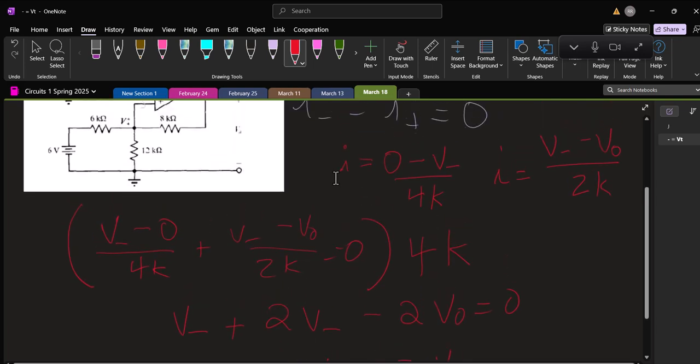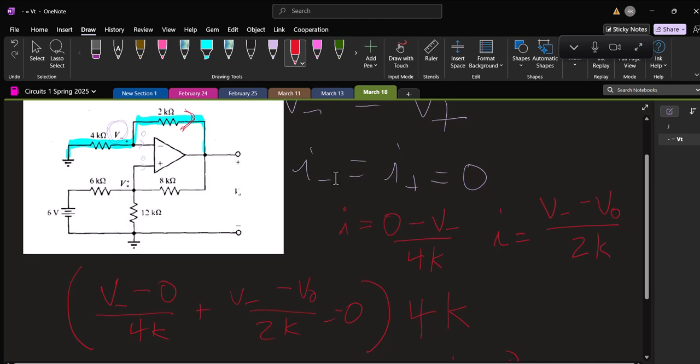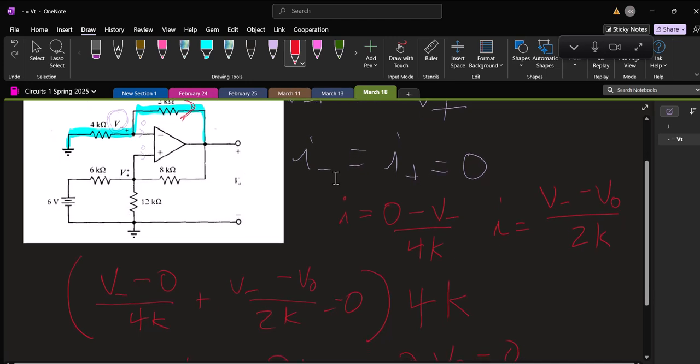So I kind of have that relationship. Okay, so now let's look at our non-inverting input and see what we've got.